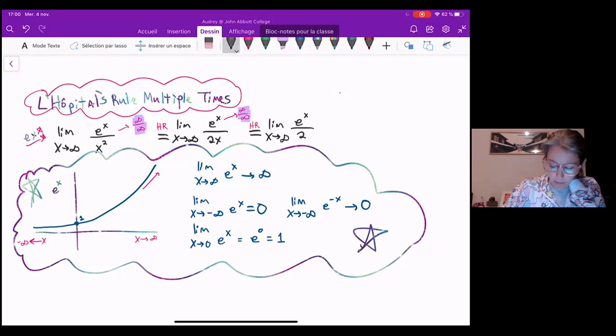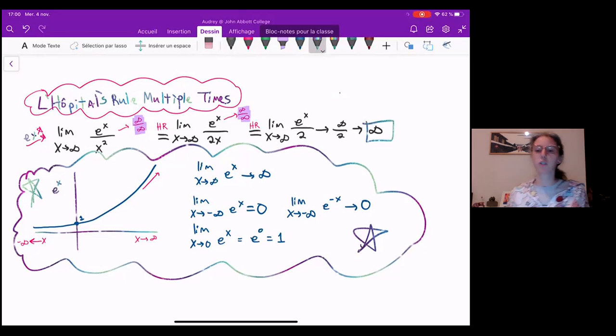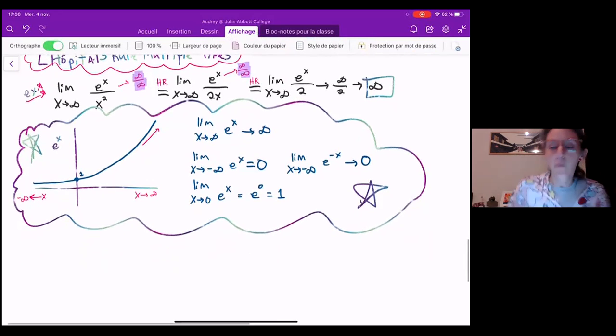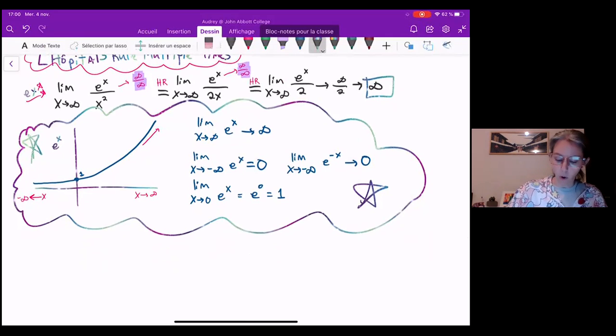And now when I plug in, I get infinity over 2, which is just infinity. So my final answer here is just infinity. And I used L'Hopital's rule 2 times to get it. So it turns out I can use L'Hopital's rule as many times as I want. I can do it over and over and over again, as long as plugging in still results in infinity over infinity or 0 over 0.